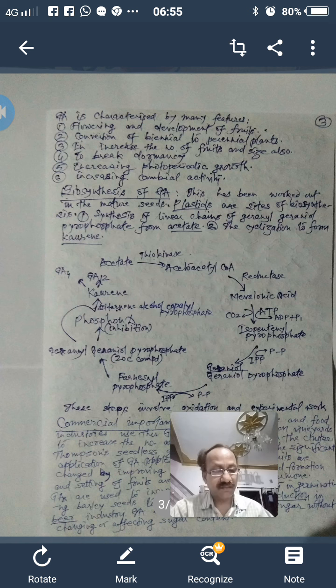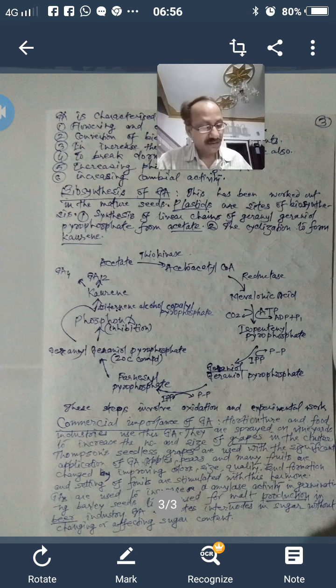So you see acetate to acetoacetyl coenzyme A, and this acetoacetyl coenzyme A to mevalonic acid and isopentenyl pyrophosphate. This isopentenyl pyrophosphate goes to geranyl pyrophosphate, further farnesyl pyrophosphate, and further geranylgeranyl pyrophosphate.